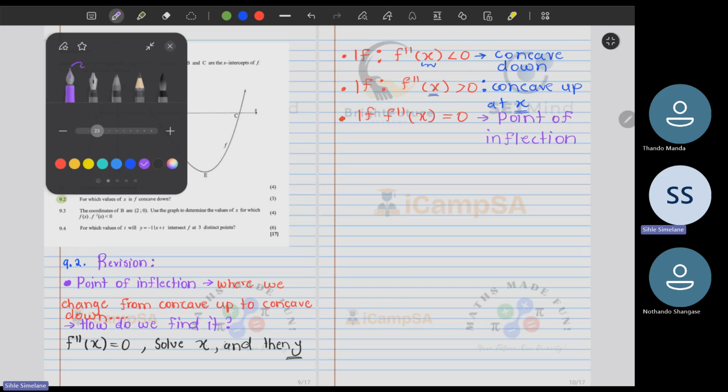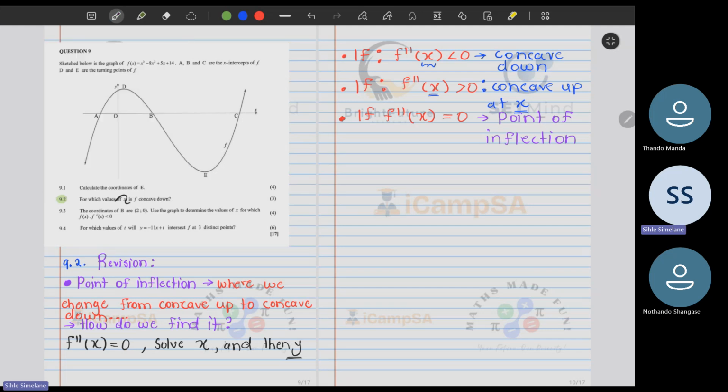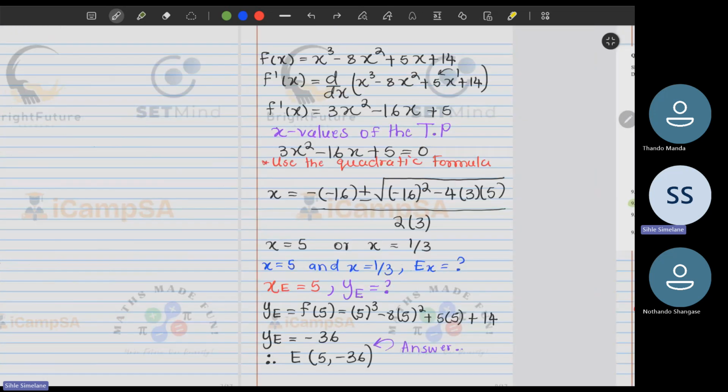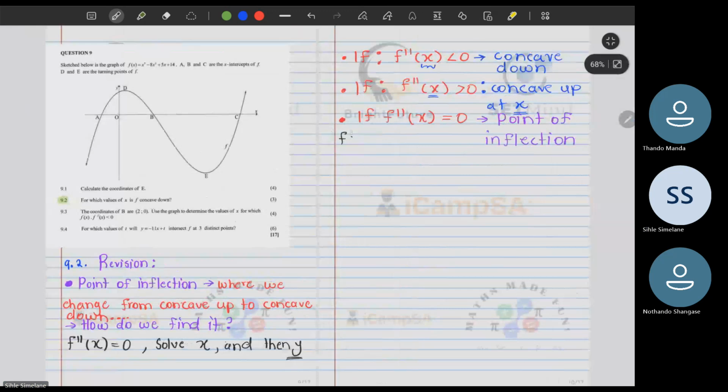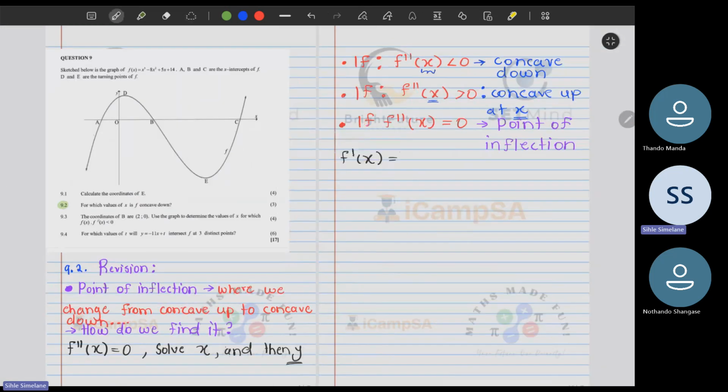Okay, so this means for our problem, we need to figure out when is the second derivative less than 0. Remember that on the previous page, we already found the first derivative, which is 3x squared minus 16x, and then plus 5, I think.